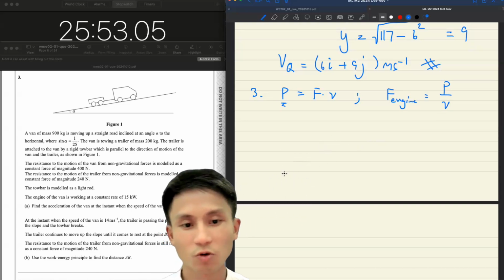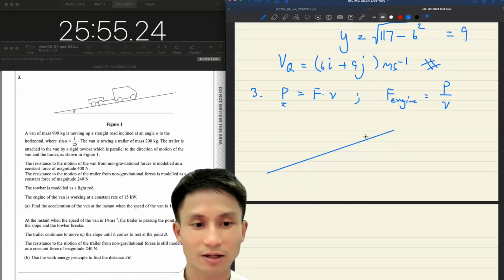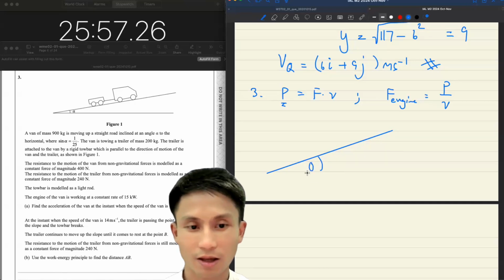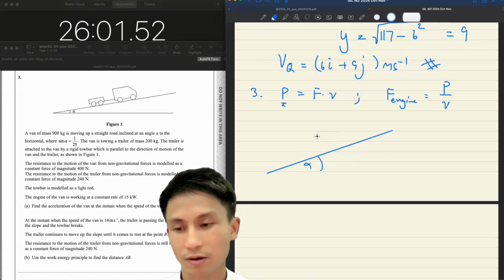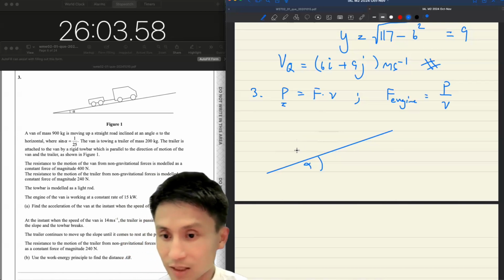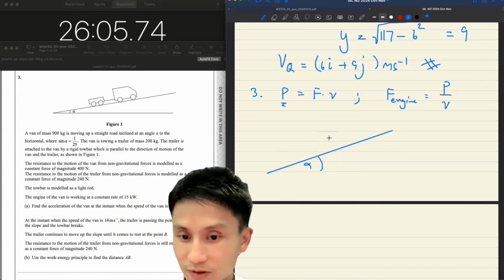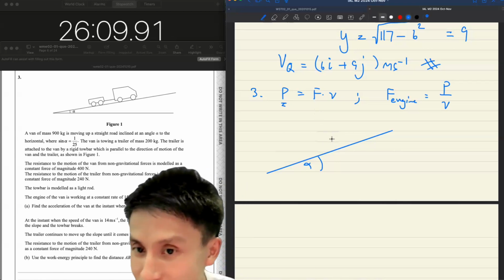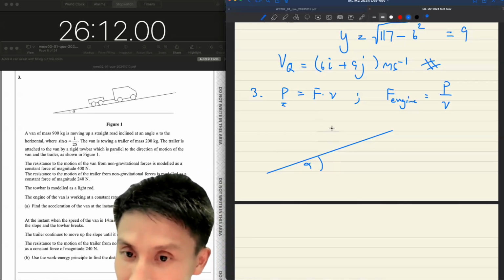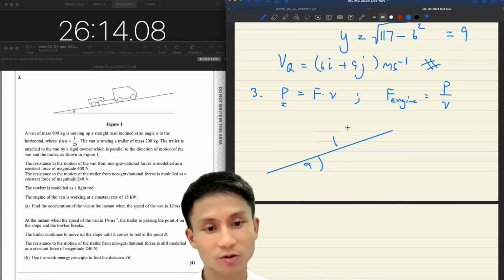So moving up the ramp here, with alpha there, we want the acceleration of the van at the instant when the speed is 12. The van is the thing that is towing a trailer. The trailer is the one behind it.